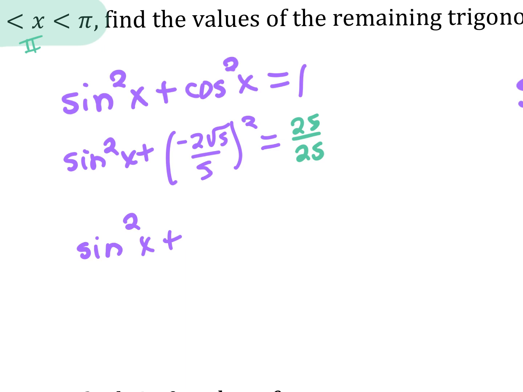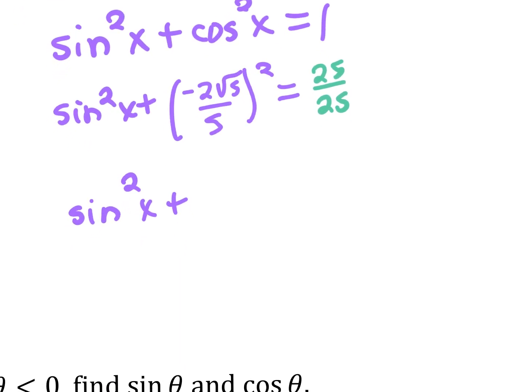All right, if you square that negative 2, you get 4 times that square root of 5 squared, you get 5, and then over the 25. So we're going to have sine squared x plus 20/25 is equal to 25/25.